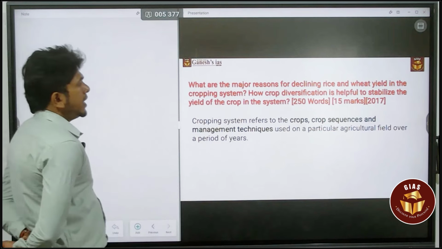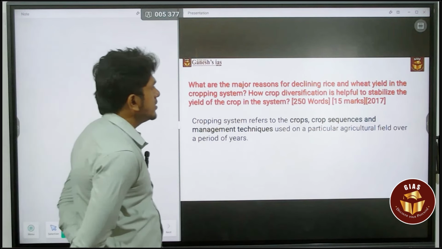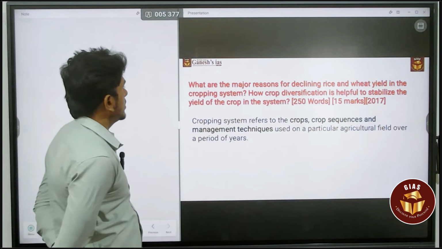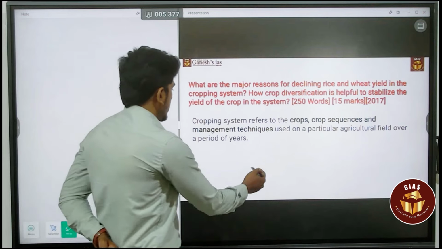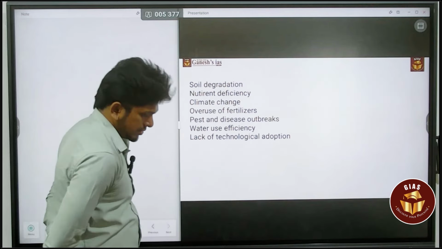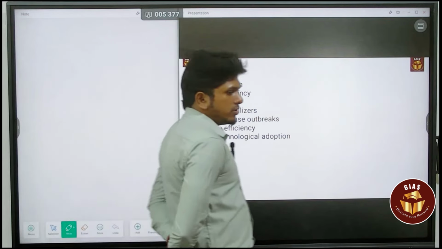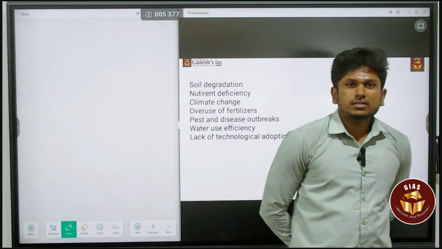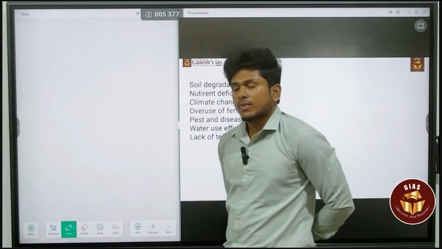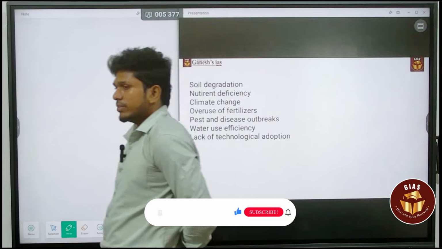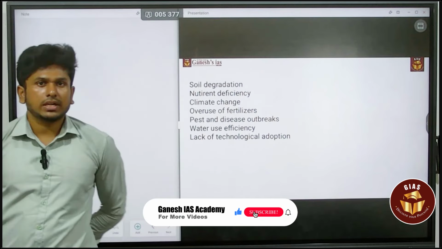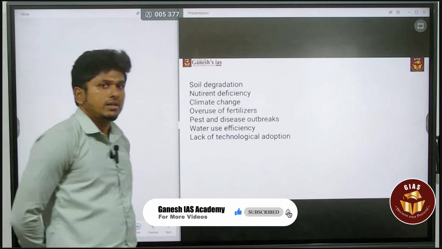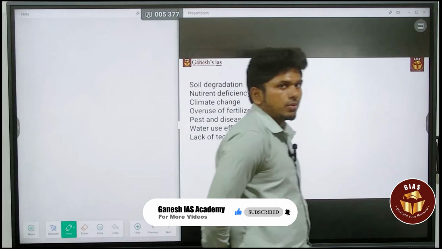So what are the major reasons for declining rice and wheat yield in the cropping system? Before going into all the reasons, the major reason is the government policy. The government policy of providing MSP for rice and wheat is very high compared to all other crops.